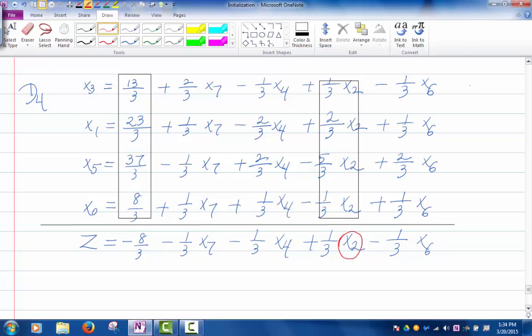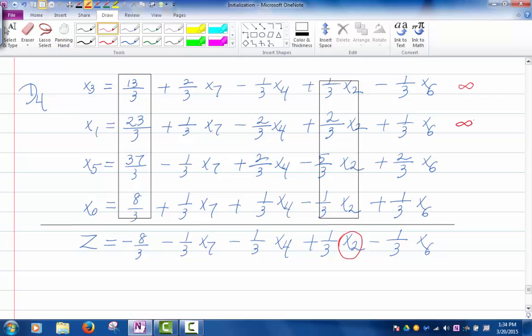So anything you want. How big can I pick x2 in the second row without making x1 negative? Without making x1 negative, I can pick x2 to be anything again. When I say infinity, I mean I can pick it as big as I want.